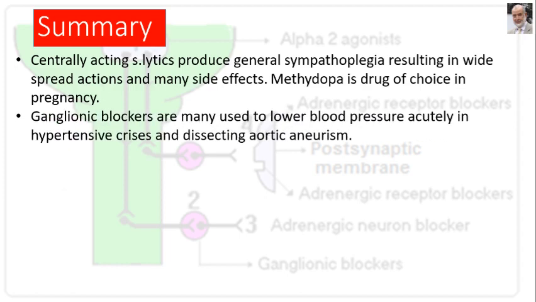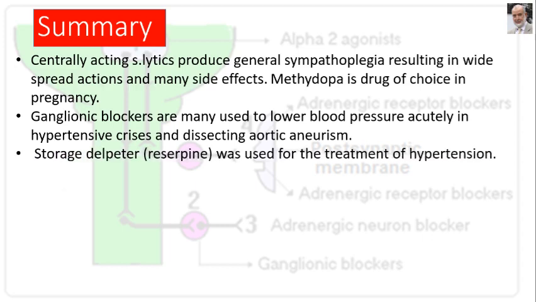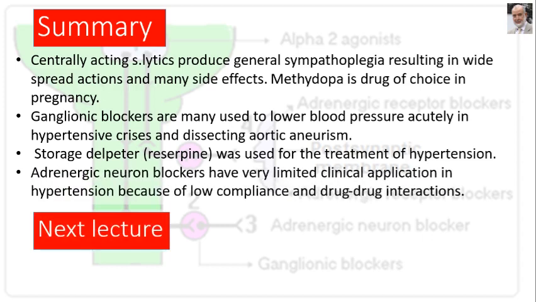Second group, ganglionic blockers, block autonomic ganglia and lower blood pressure acutely, and that's why they are used in hypertensive crisis and dissecting aortic aneurysm. They have no other clinical application because of the many side effects. Third are storage depleters, which are reserpine-like drugs, and they are used in the treatment of hypertension which is resistant to other types of therapy.